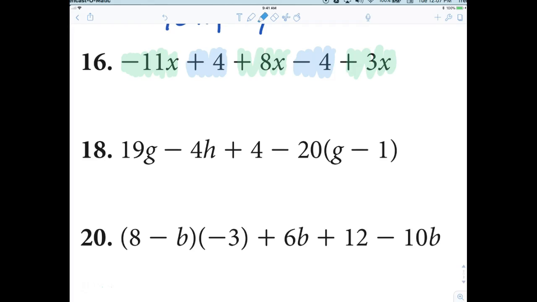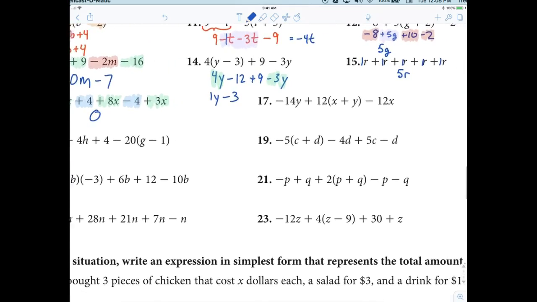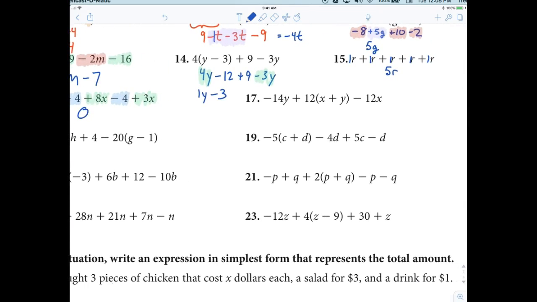No, negative, or minus 4. What's 4 minus 4? 0. Not negative 8. You with me? 4 minus 4, 0. So the whole answer here is just what? 0. The whole answer is 0.